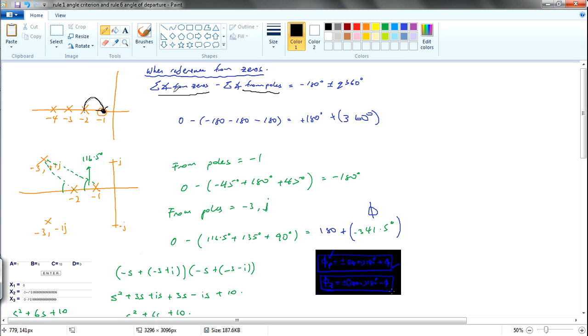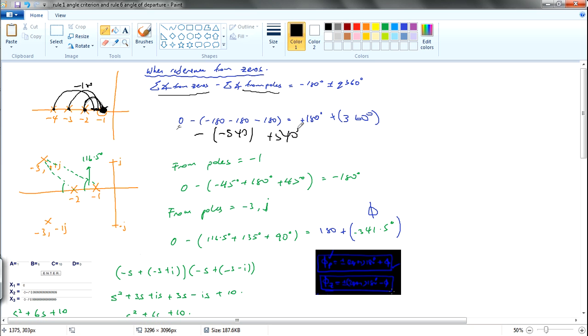The angle from zeros is 0, and the angle from this pole to this point is minus 180 degrees, and the angle from this pole to this point is also minus 180 degrees. Similarly, the angle from this pole to this point is also 180 degrees. So if you were to sum it out, it's minus 540.